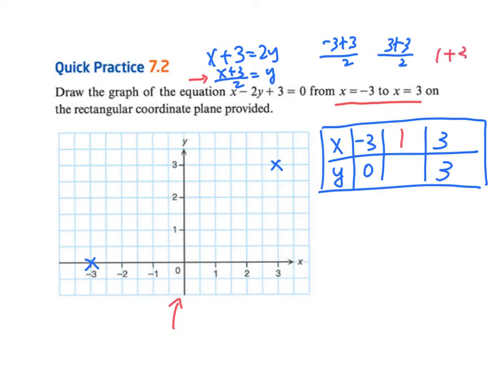So 1 plus 3 divided by 2, so 4 divided by 2, which is 2.